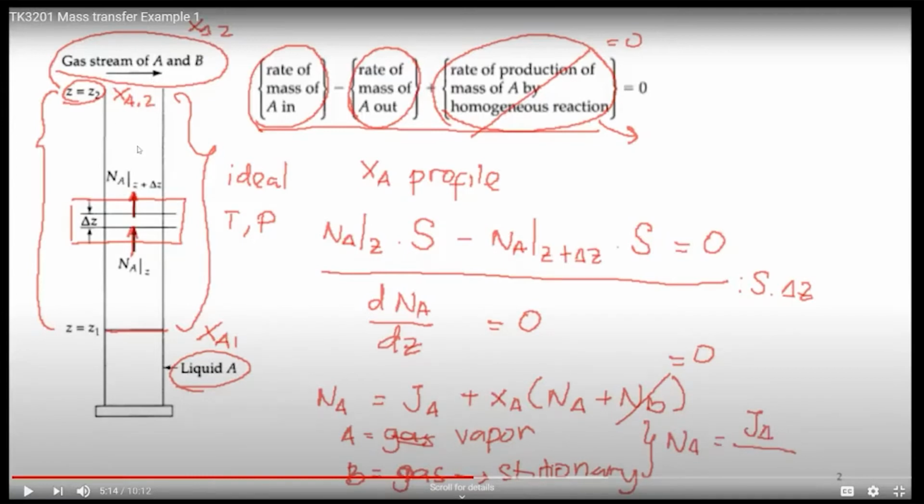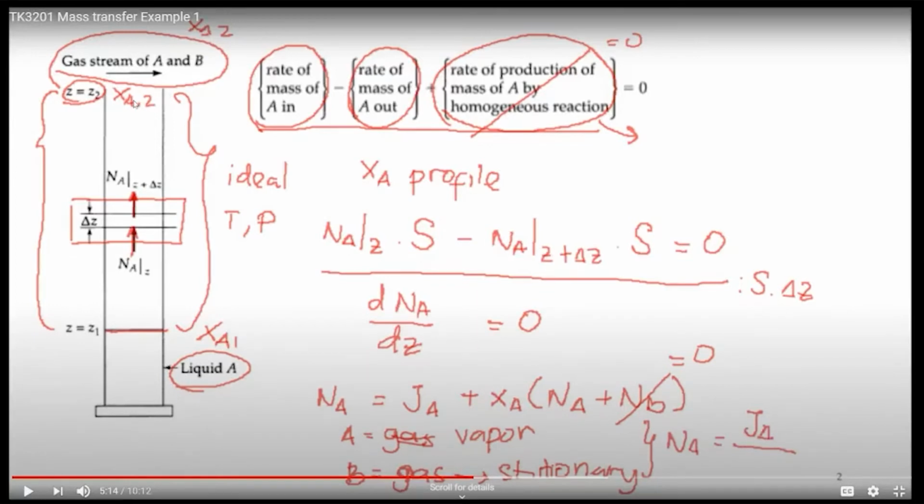So along Z1 and Z2, the only thing that moves upwards is the A component. The A will move into the gas stream, while all the gas B stays still inside the glass.